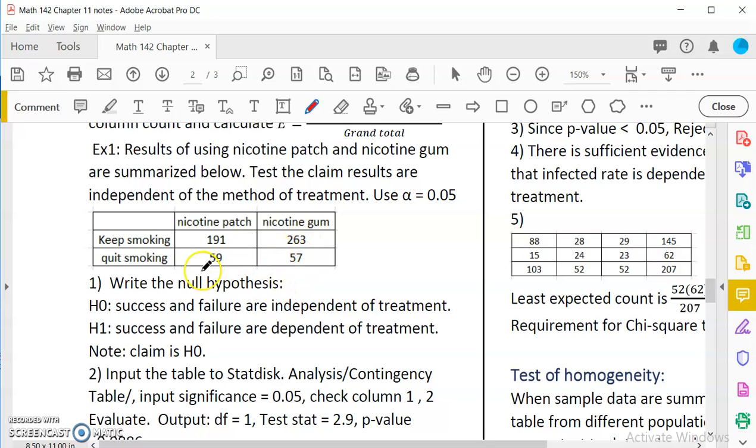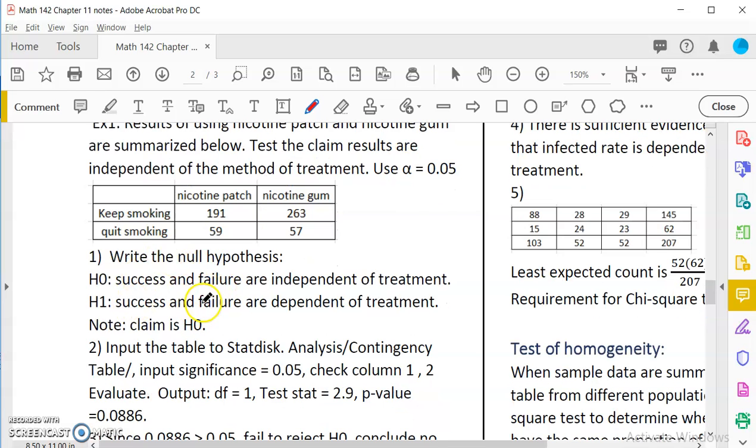So we want to see if the result is dependent on the treatment. This is very useful. When you are not counting anything but counting the result, whether there's success and failure, we can use chi-square independence to check.